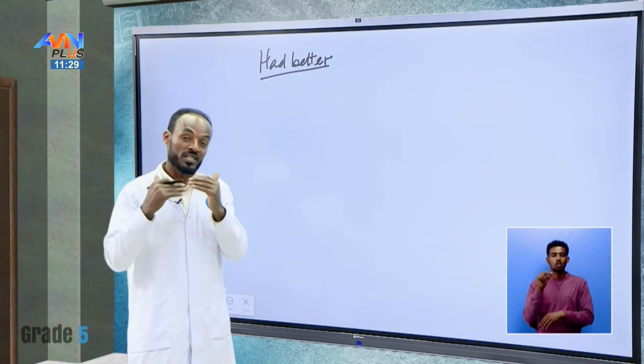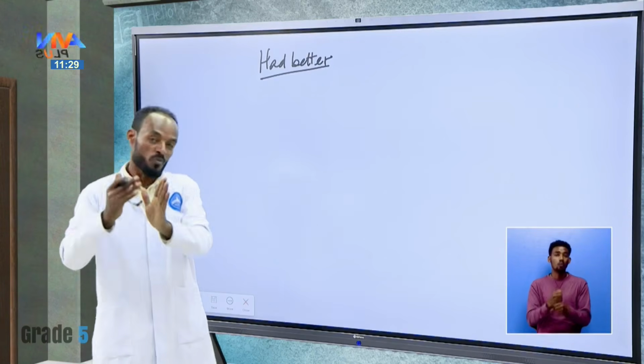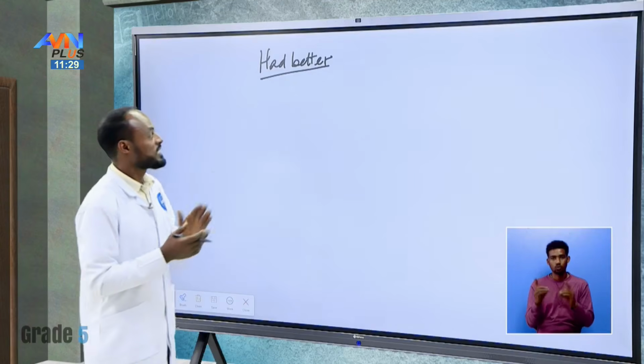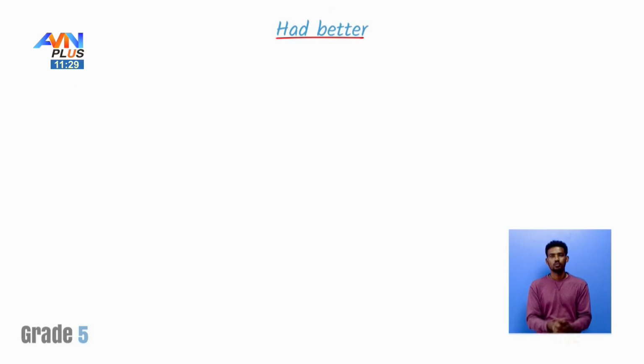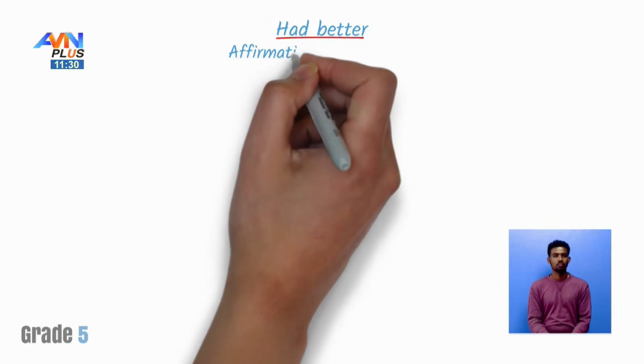Rather than saying you should do your homework, it's better to say you ought to do your homework. Am I right? So come on here. This one is just in the affirmative sentence.